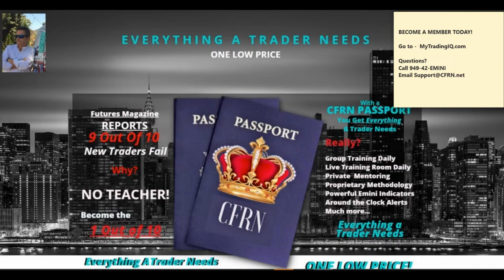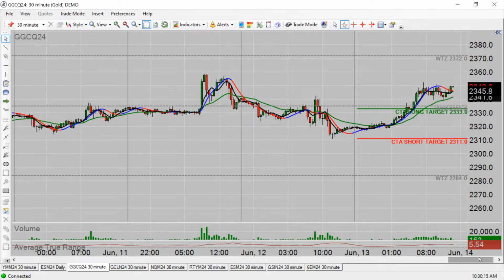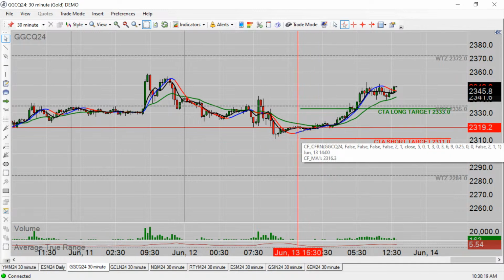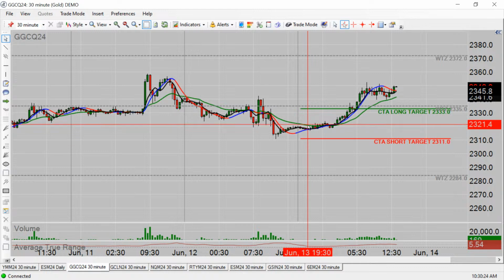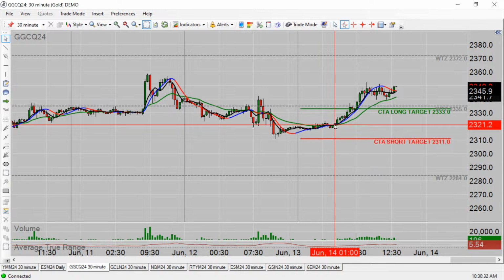Okay, guys, we'll pick up where we left off. We had gotten to gold. Here's where we opened last night. Price was trapped. We had support below, blue and climbing, resistance above. And then it got pinched up, and the buyers won the skirmish.